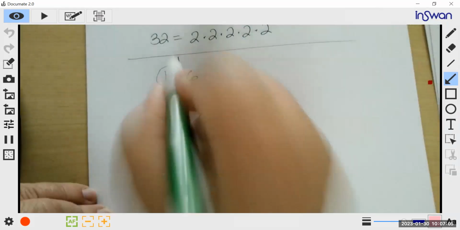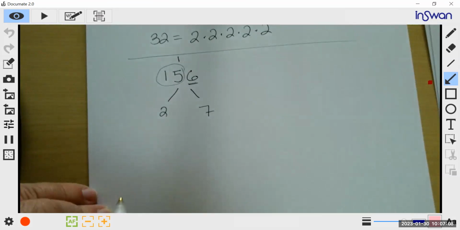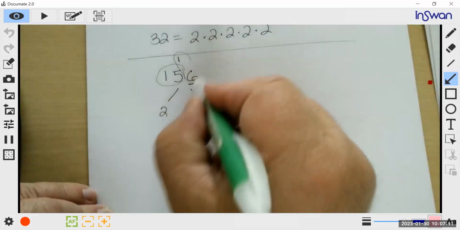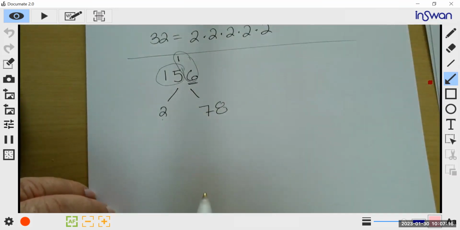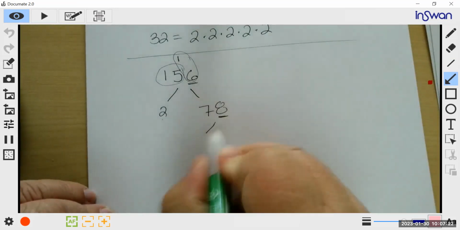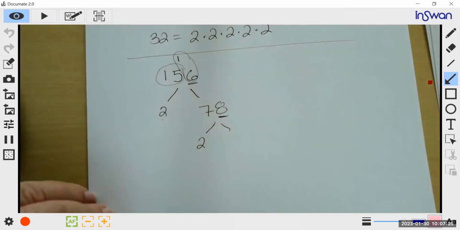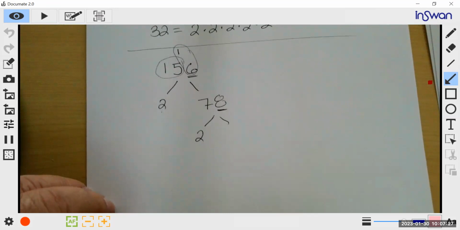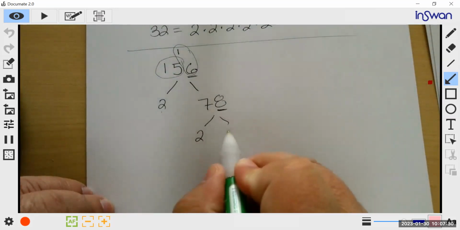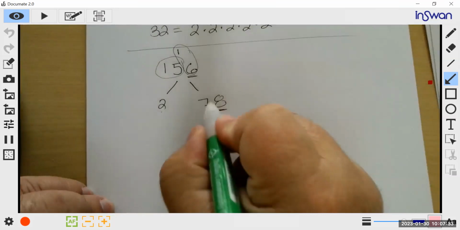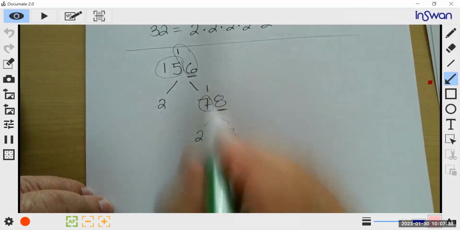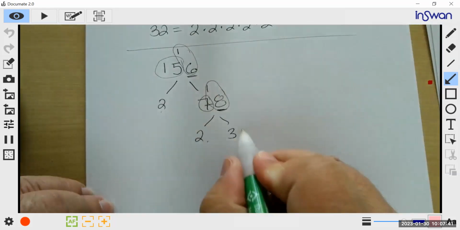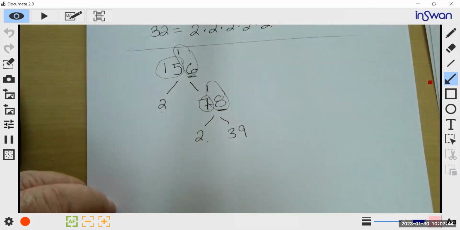That means 1 left over. 2 goes into 16 8 times. Again, ends in an even number, so I know that 2 goes in there. 2 goes into 7 3 times, with 2 times 3 is 6, plus 1 is 7. So there's 1 left over. 2 goes into 18 9 times.